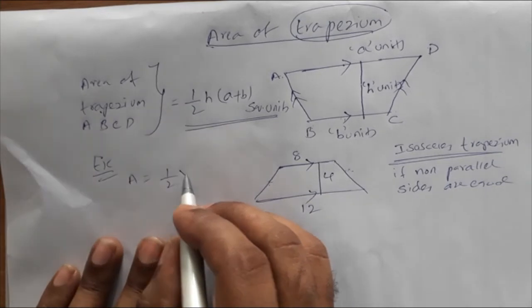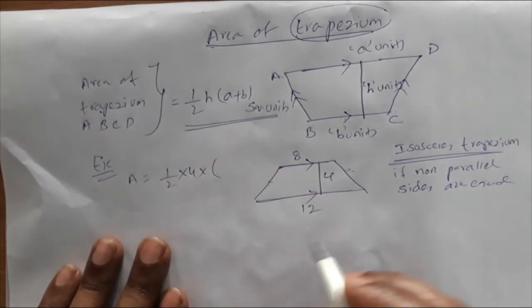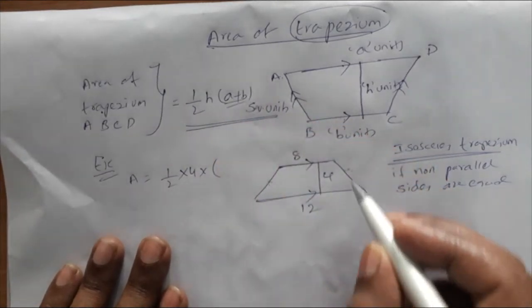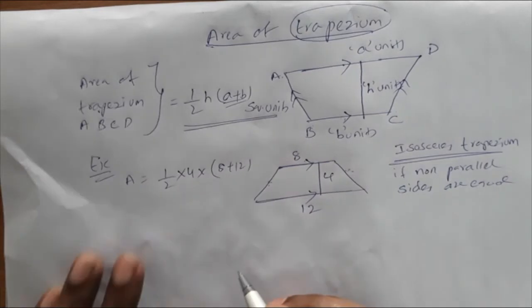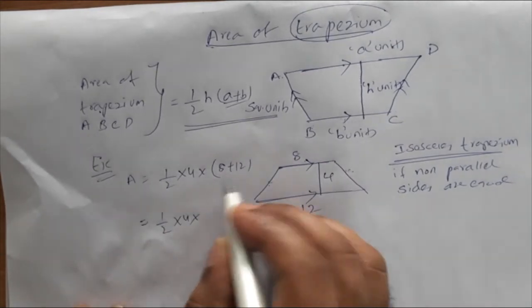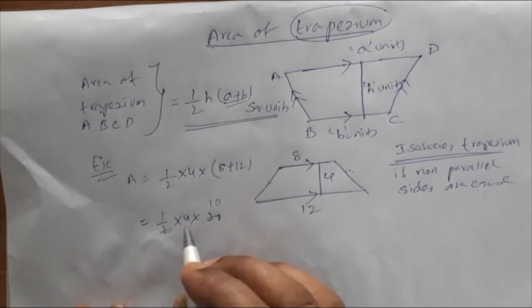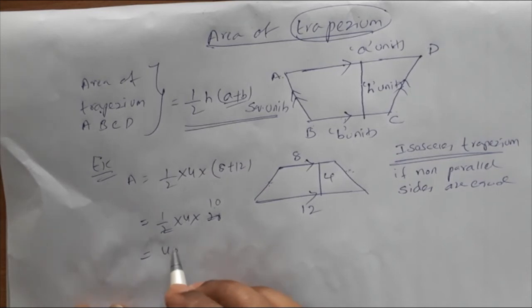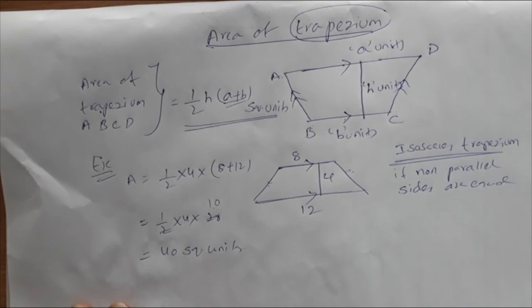So substitute here 4 into sum of a plus b we have to write. That means sum of parallel sides, 8 plus 12. Half into 4 into 8 plus 12, 20. Cancel this, 2 tens. 4 into 10, 40. So 40 square units. Like this you can find area of trapezium.